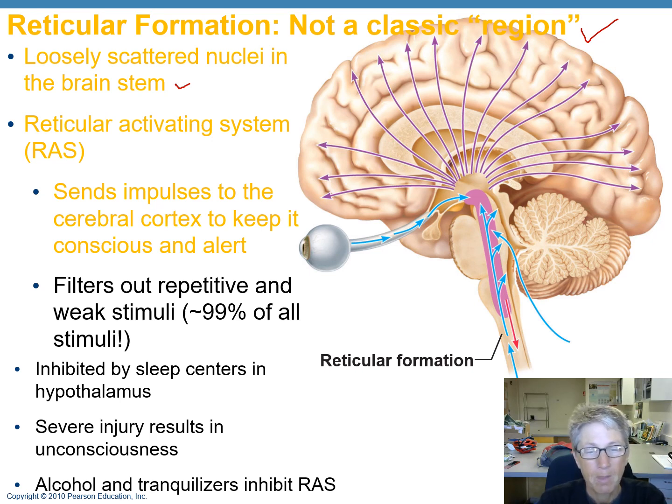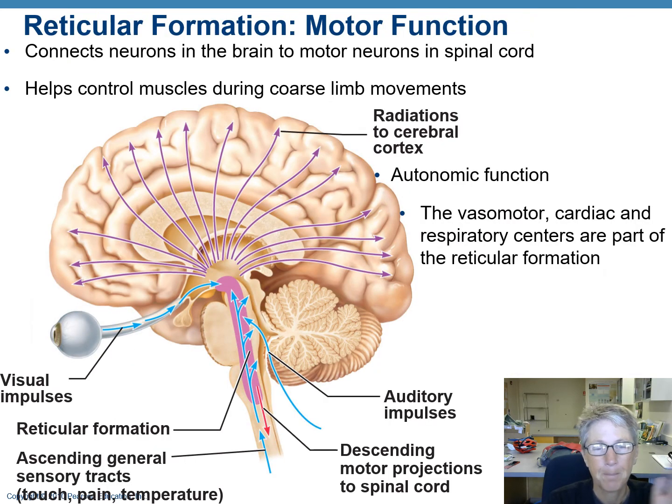It's kind of like nuclei scattered throughout the brain. Reticular formation, it says here, a few bullet points: connects neurons in the brain to motor neurons in the spinal cord. That would be this red area. If you're going from the brain out to the spinal cord, you're going to be a motor neuron.